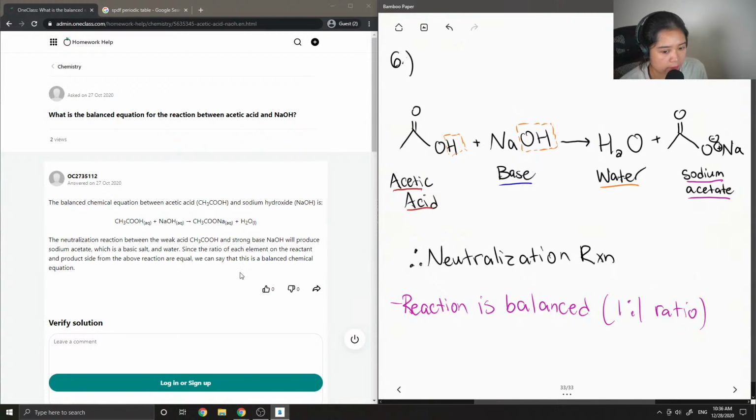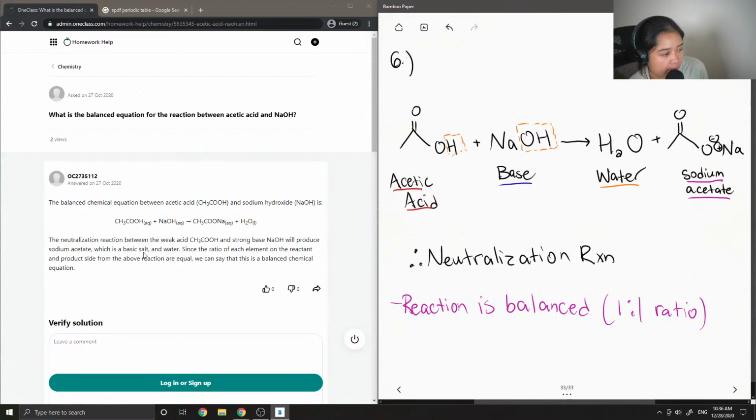Okay, so let's see what the junior tutor said. The balanced chemical equation between acetic acid and sodium hydroxide is CH3COOH plus NaOH makes CH3COONa plus H2O.